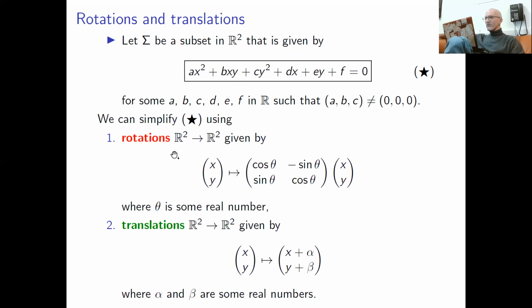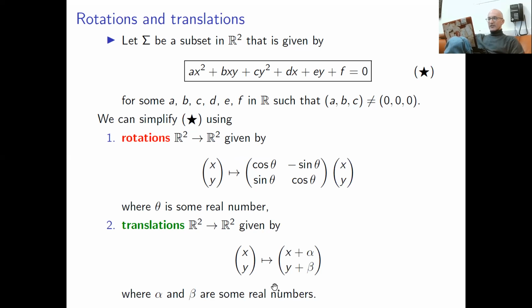Okay, so we're allowed to use two types of transformations of the plane. One is rotation. This is a linear transformation, an orthogonal transformation, given by this orthogonal matrix. This is what we have discussed already many times in this course. But we also allow translations.